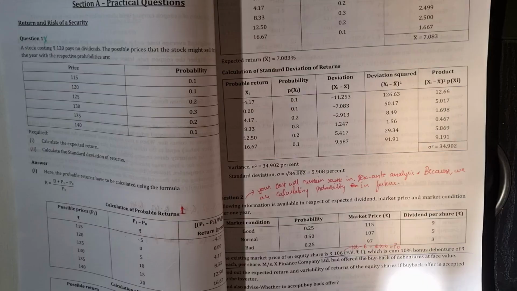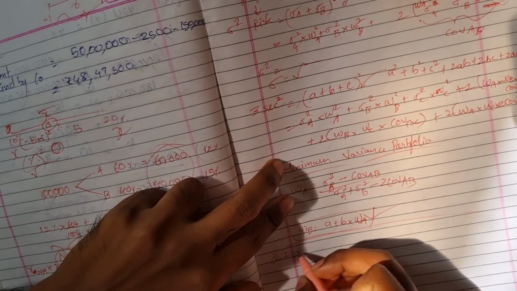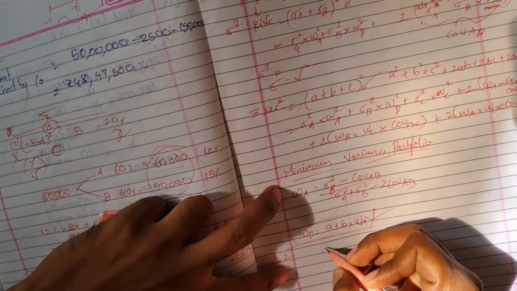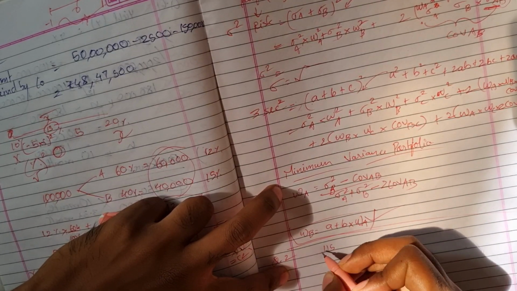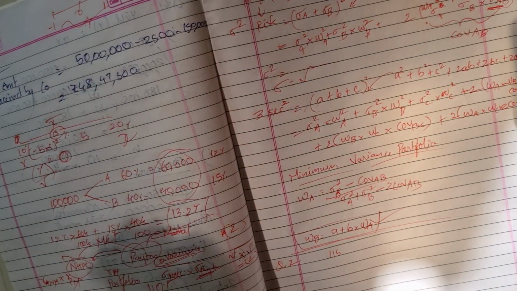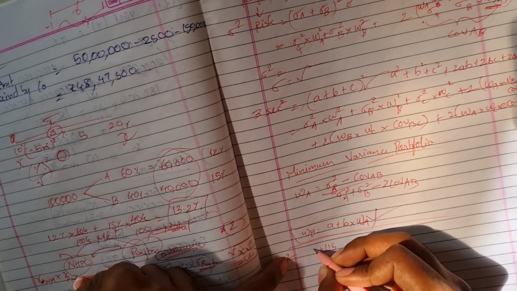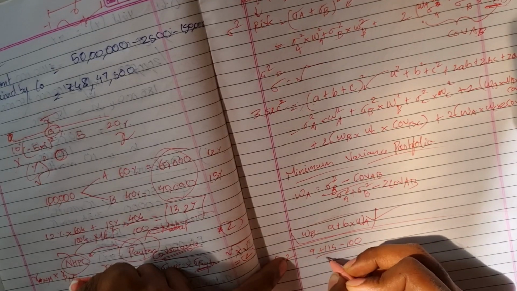115. See, question number 2, right? 115 was the amount. This is my P1. In the exam you don't need to write the formula, just write the calculation of it. Only the calculation carries marks. Minus how much is my P0? 100, divided by 100.